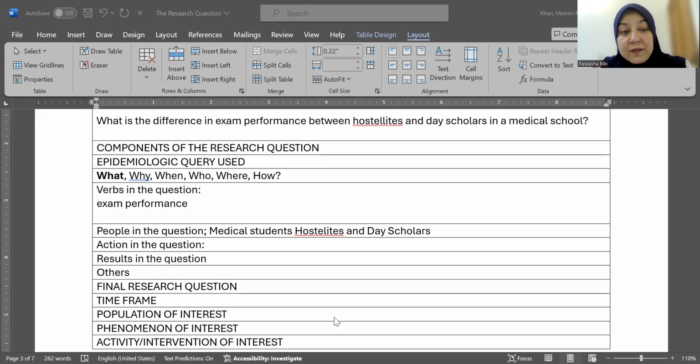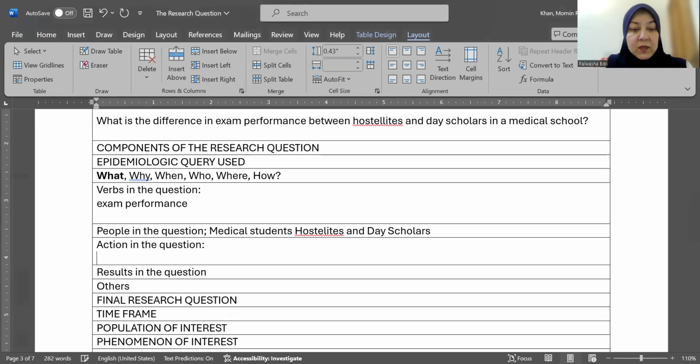What is the specific action that I'm going to study? What are they doing? They're taking exams. Okay. Action in question is exams or taking exams or appearing in exams, the painful reality of our student lives.